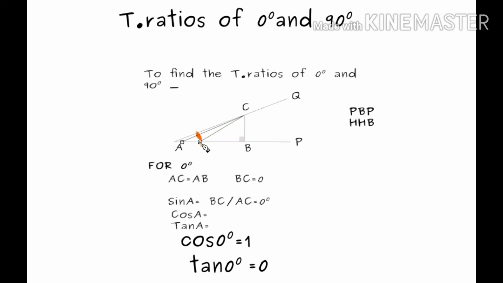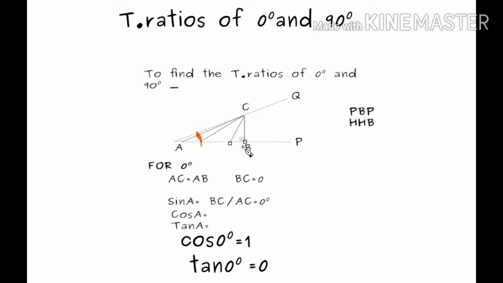Now point A is shifted to this point. A is here. Again I am doing it. After some time, now A is here. So when this point comes to point B and overlaps on this point, this becomes 90 degree.